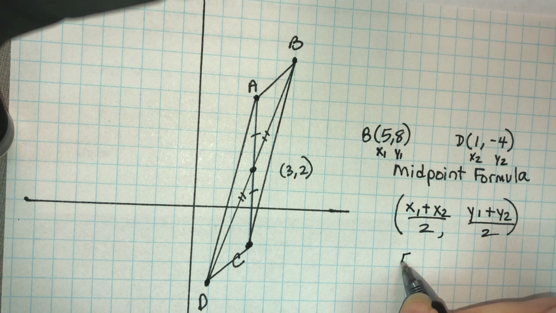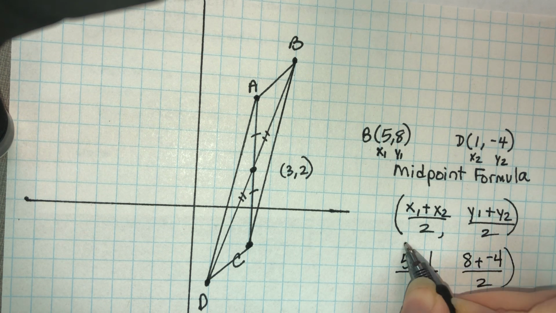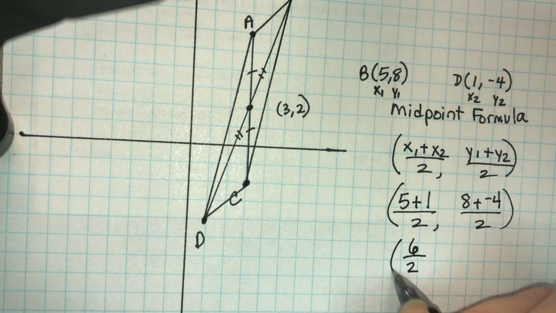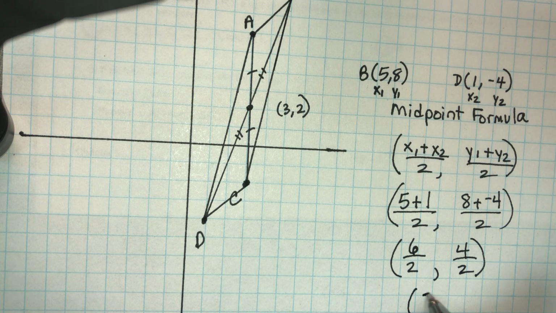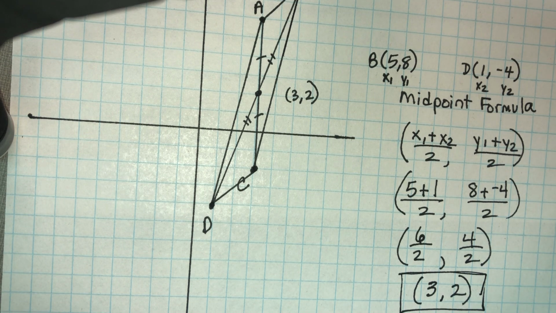So X1 is 5 plus X2 is 1 divided by 2. Y1 is 8 plus Y2 is -4 divided by 2. So 5 plus 1 makes 6 divided by 2. 8 plus -4 is 4 divided by 2. 6 divided by 2 equals 3. 4 divided by 2 is 2. So 3, 2, that's what we got also by looking at the graph. So we have been able to verify that using the mathematical properties that we have learned.